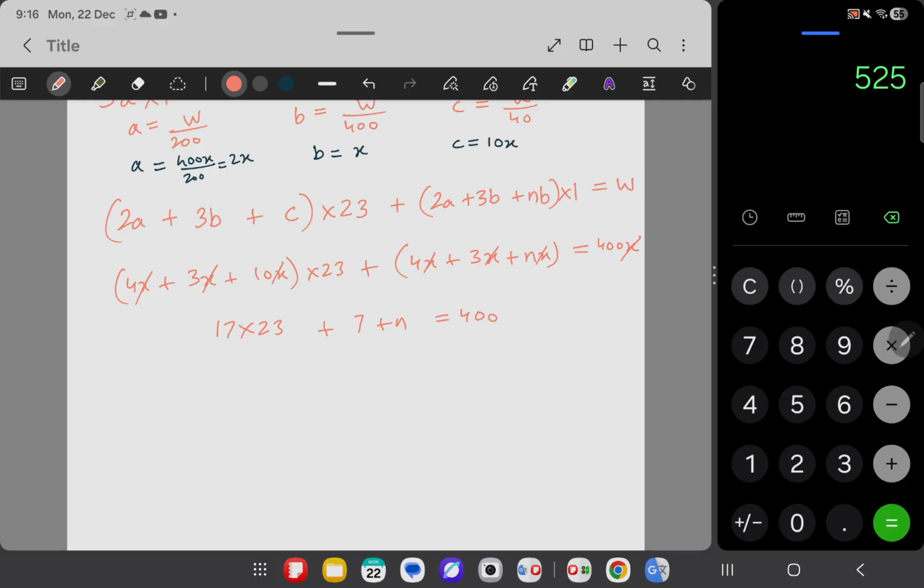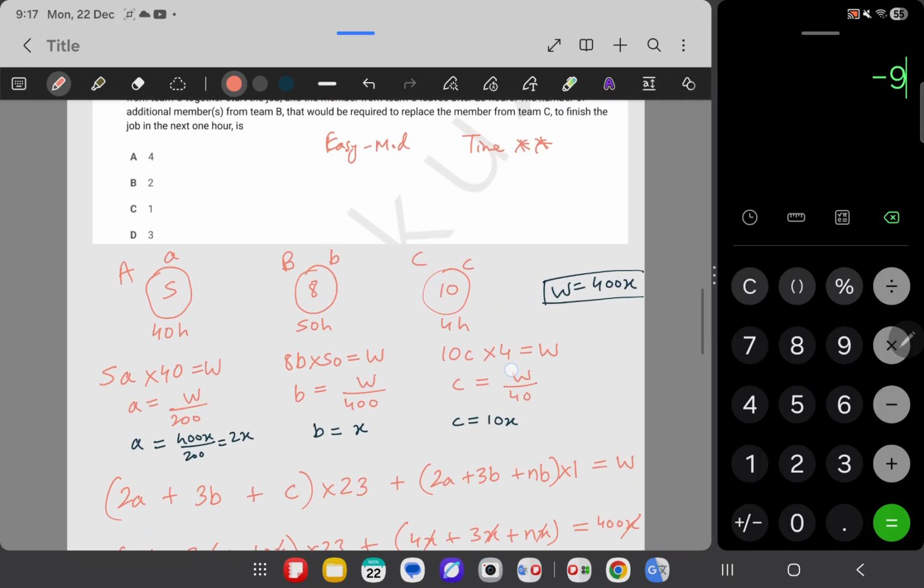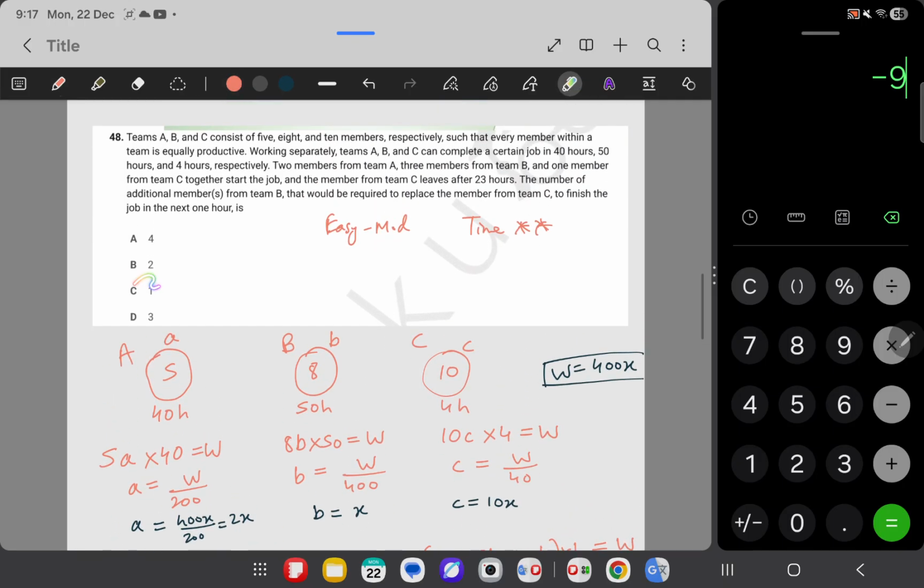So I will use the calculator. 17 into 23 we got 391, minus 400 we got 9. So 7 plus n equals 9, n equals 2. So we need 2 more members from team B. So yeah, the answer will be this.